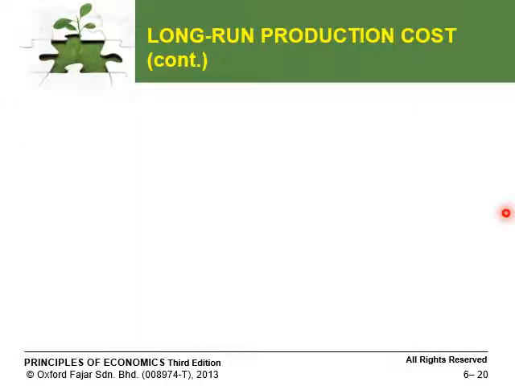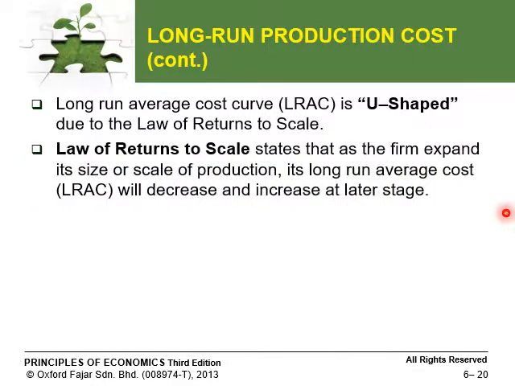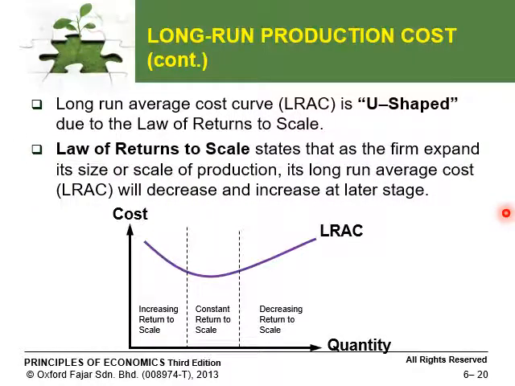Okay, right now you're going to hear about the law of returns to scale. The law of returns to scale is the reason why the long run average cost has a U, smiley shape like this.